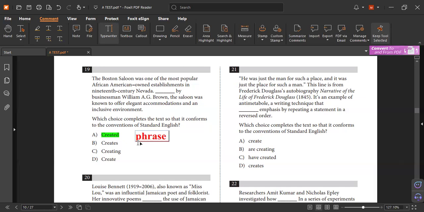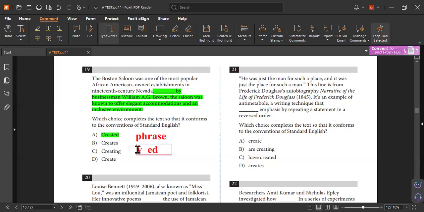Yes. This is the beginning of the sentence, as you said. The beginning can start with a phrase, like a past participle phrase. Do you remember phrases? Past participle phrase, present participle phrase, infinitive phrase. Here it's a past participle phrase: verb plus ed or an irregular verb.